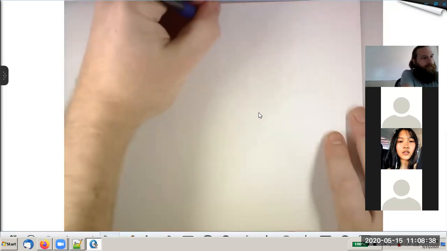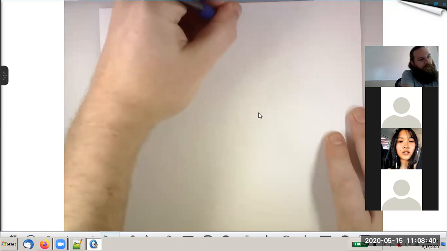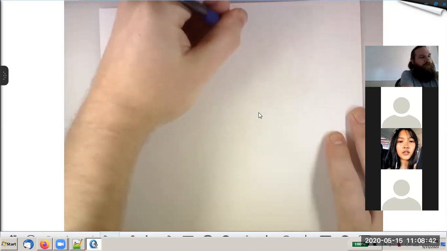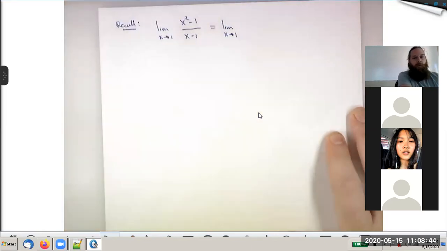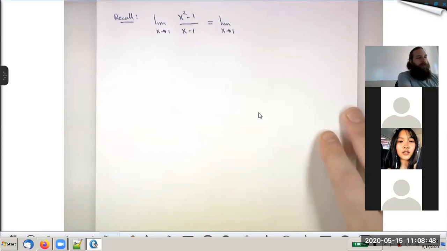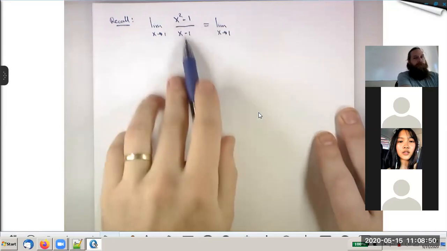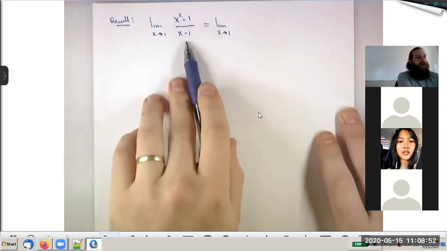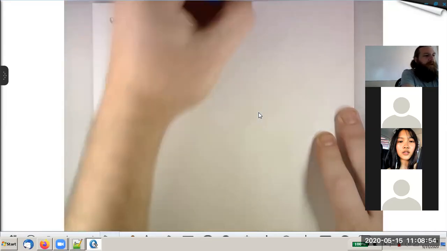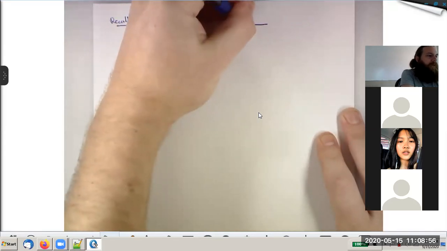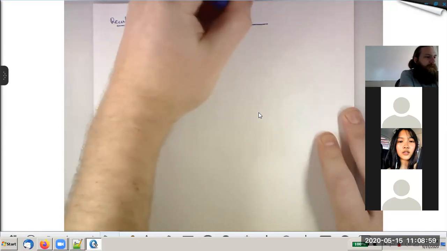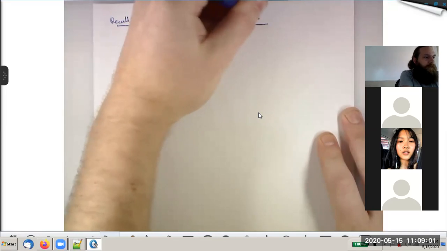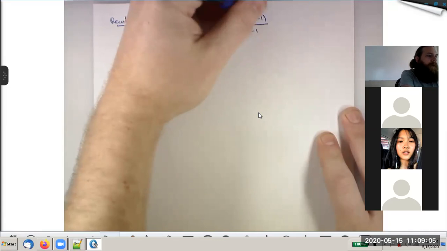So we're still answering the question, what happens if you can't plug in? How can that plugging in method fail? And this is the one that fails in the most obvious way because it makes the denominator 0. But if I factor that numerator as x plus 1 times x minus 1, then I can cancel the x minus 1s.